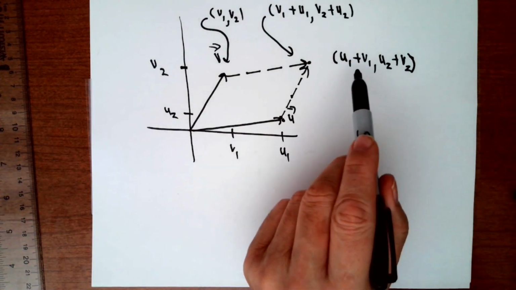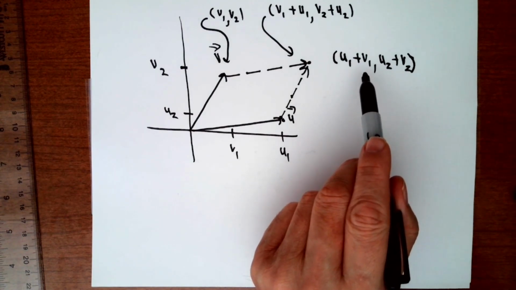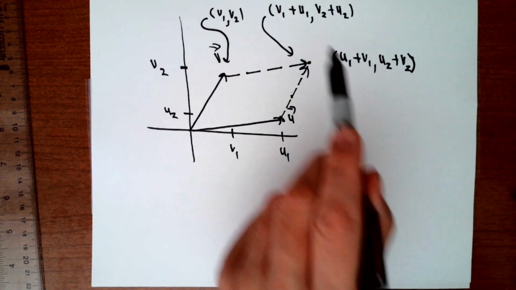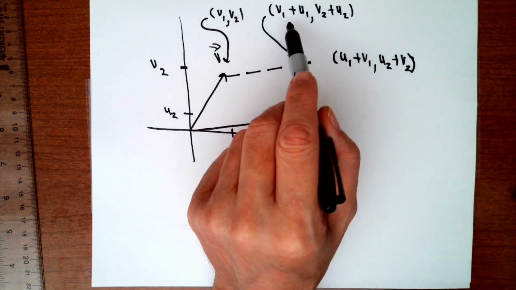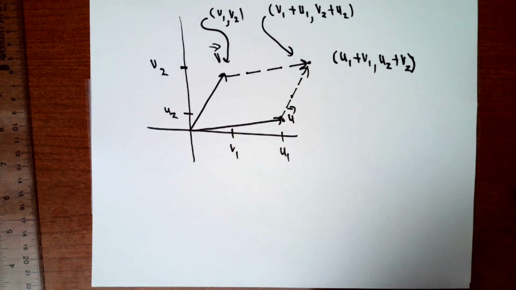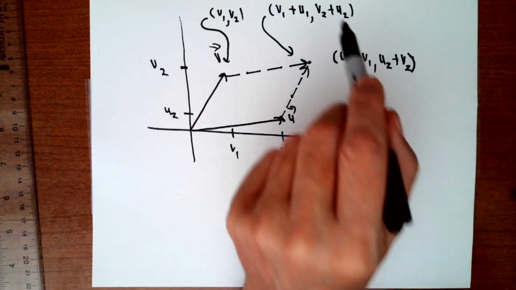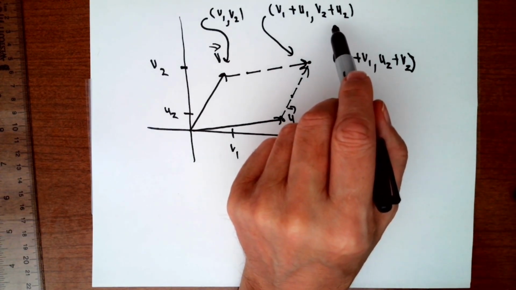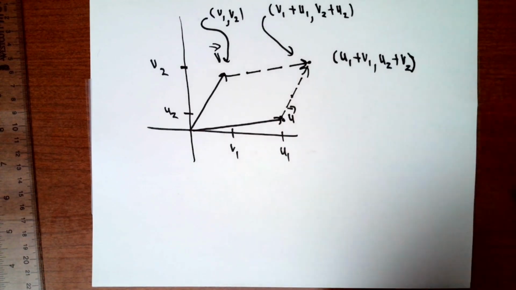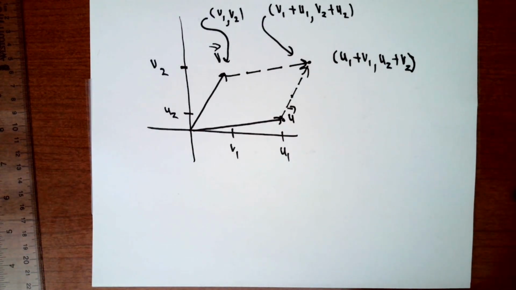But of course, u1 plus v1, this x-coordinate, is the same as v1 plus u1 because of ordinary arithmetic properties. u2 plus v2 is the same as v2 plus u2, so the y-coordinates are the same as well.